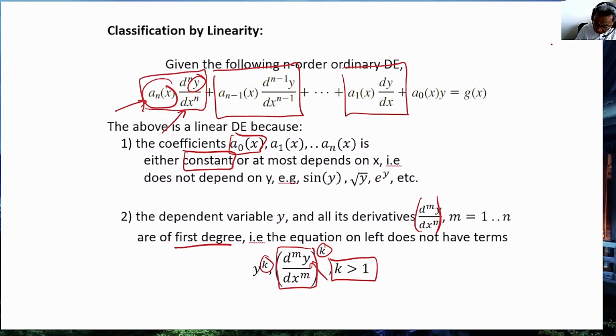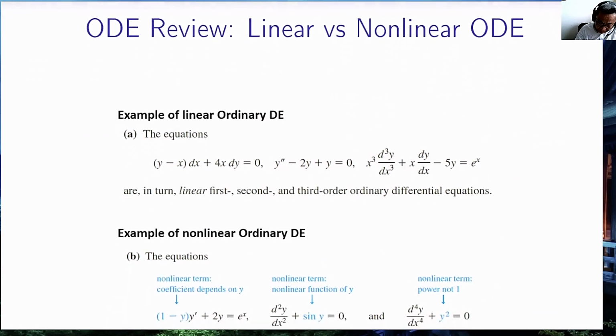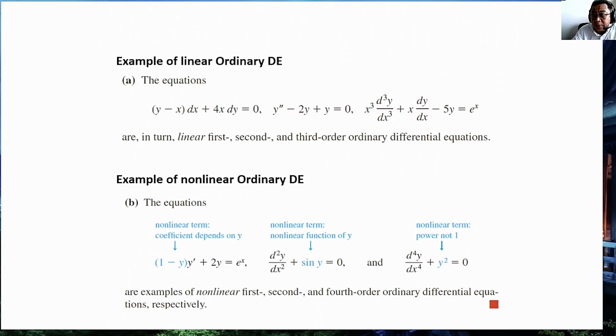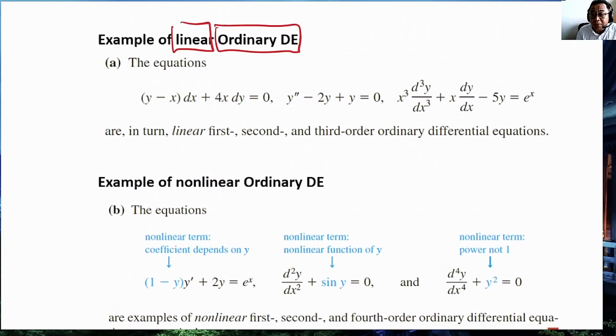Let's now go to some examples. In this course, we are only interested in linear ordinary differential equations. So these are all examples of linear ordinary differential equations. So look at here. This is ordinary. We only have one independent variable.